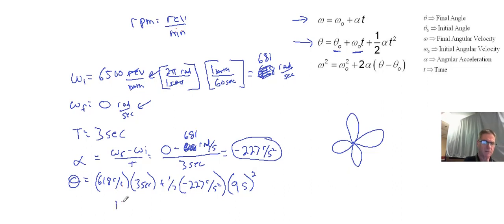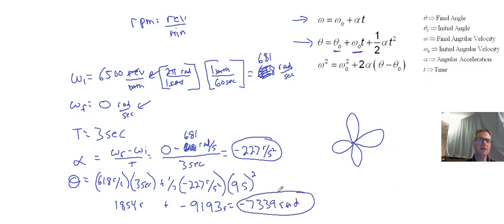When we do this math, let's see what we get. We get 1854 radians here, plus a negative 9193. When we add those together, we get about negative 7339 radians.